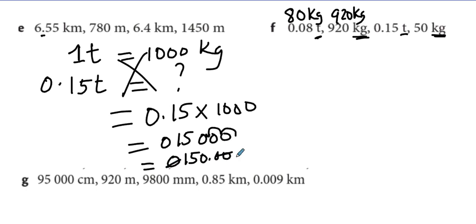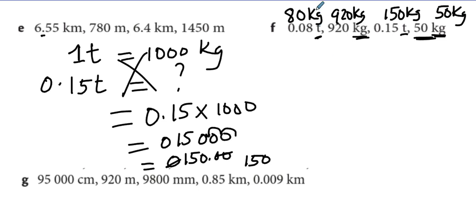Cancel that. The answer is 150. So 0.15 ton is the same as 150 kg. 50 kg will remain. So now you see you have 80 kilograms, you have 920 kilograms, you have 150 kilograms, you have 50 kilograms.